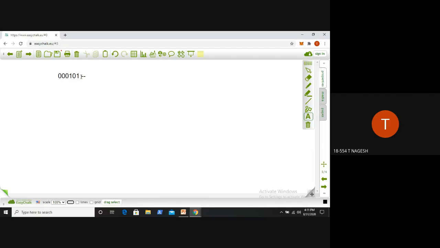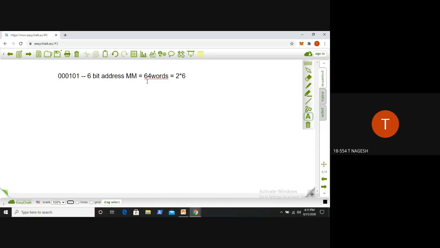The simple reason is that my total main memory size is 64 words. The 64 words can be represented as 2 power 6.